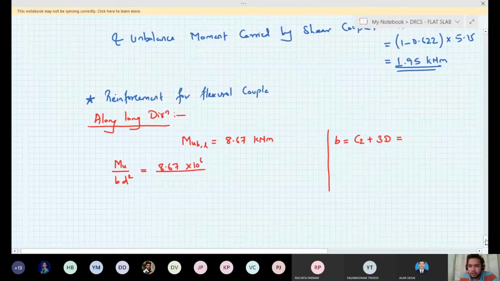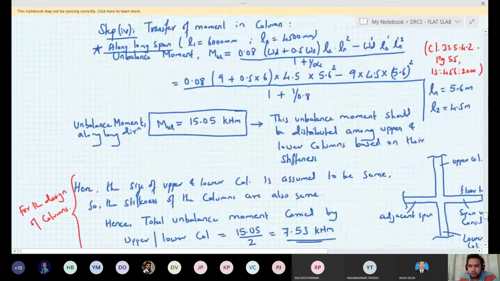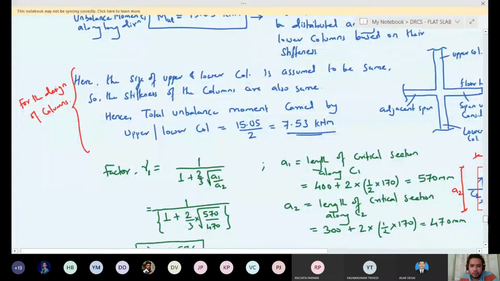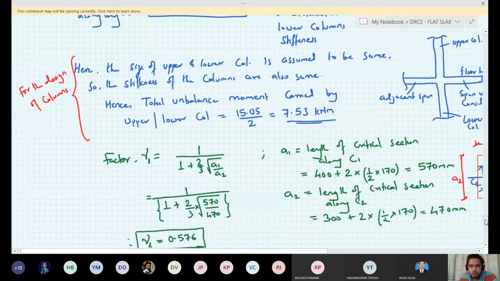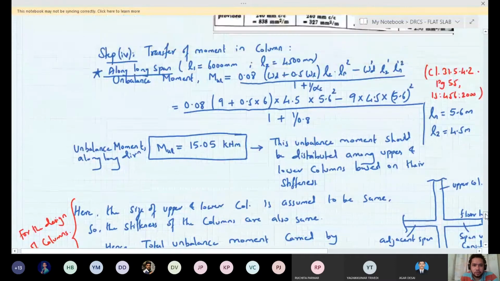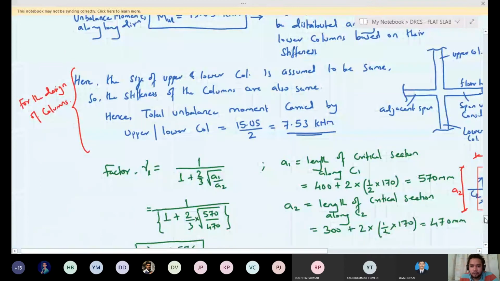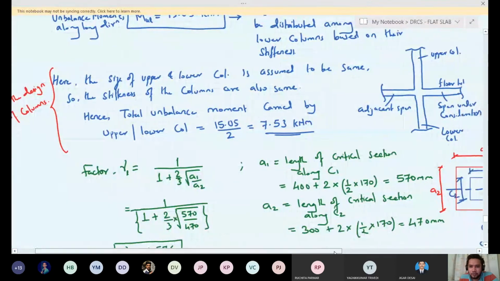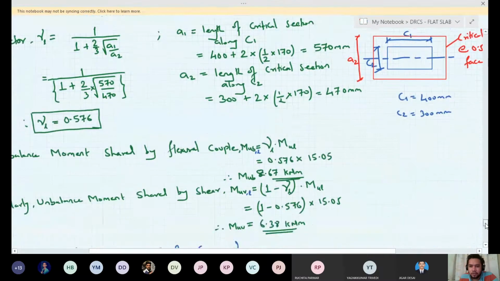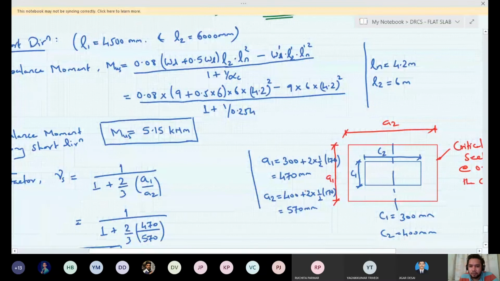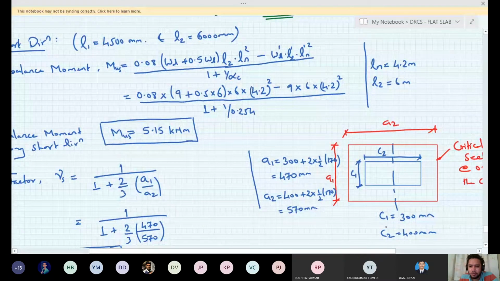You can go through this figure also. This is along the long direction, and the value of C2 is 300, and for the short direction, the value of C2 is 400.